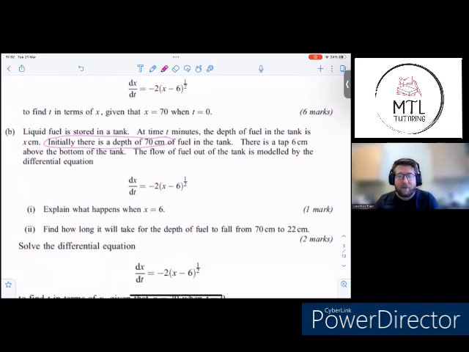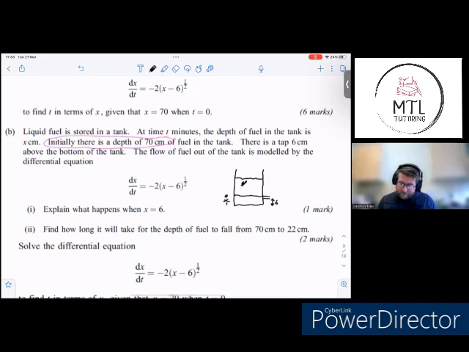Okay, so for this part, we don't need to do any maths. We just need to read the situation. We've got a tank, this is a side view of the tank. There's some liquid in there, and there's a tap on the side that's 6 centimeters high.